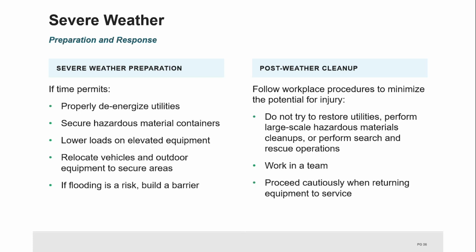In the aftermath of a severe weather event, workers may be involved in various general response and recovery operations, such as cleaning up minor damage to the work site. However, operations with significant potential for injury, such as utility restoration, cleaning up spills of hazardous material, and search and rescue will only be conducted by community provided services and subcontractors.